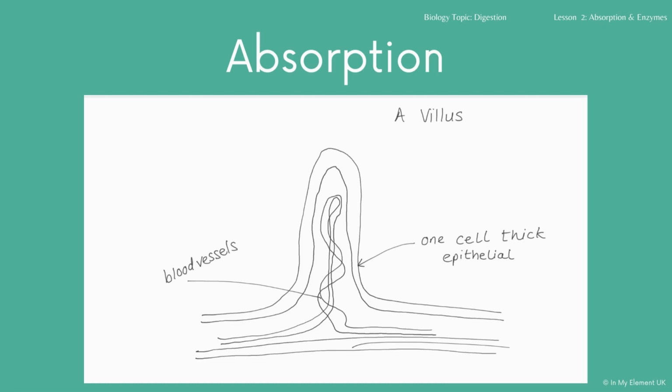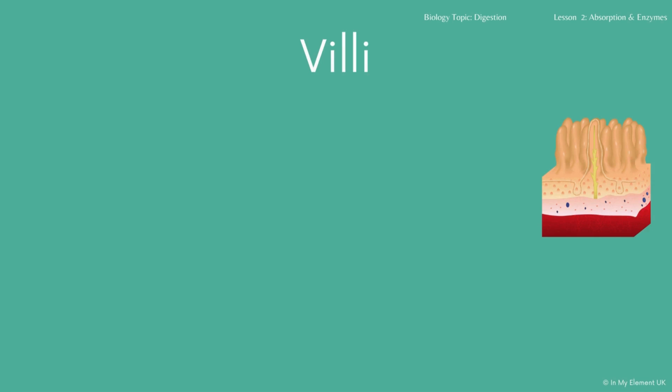These have really, really good blood supply, okay, because they need that blood supply to be able to transport everything, and they have a thin layer, so it's represented there as a 1 cell thick epithelial layer. Okay, now villi is the plural, so here's another image. Okay, villi is lots of them. One is known as the villus.